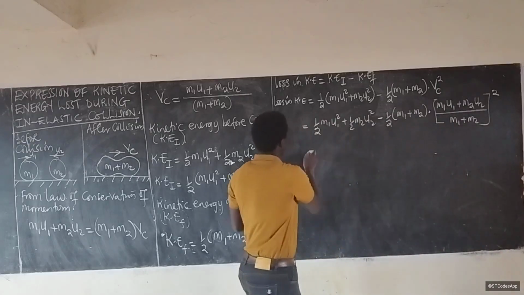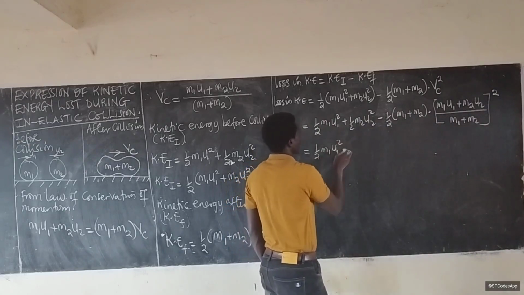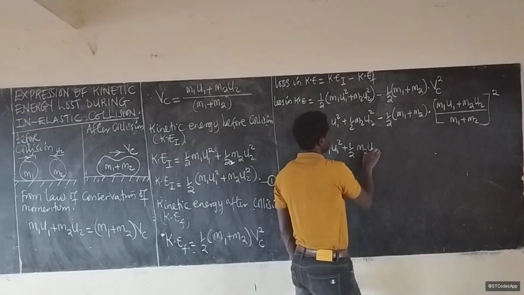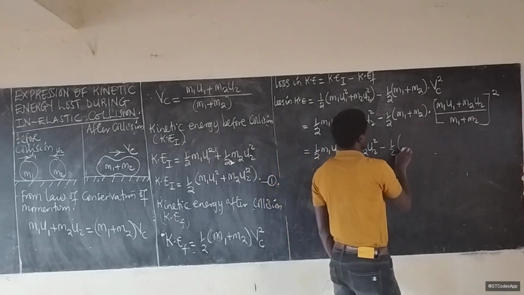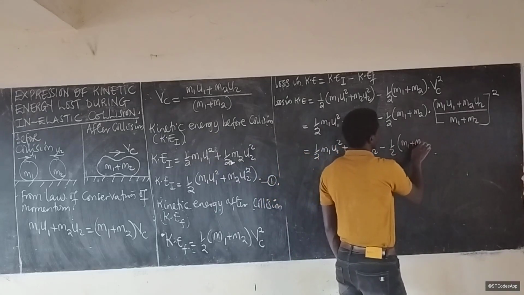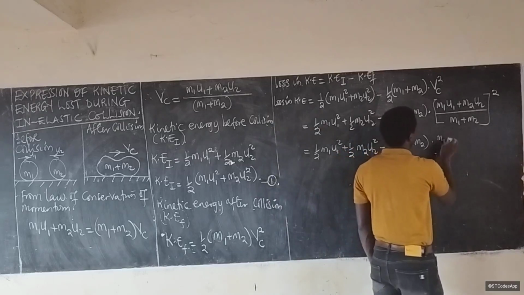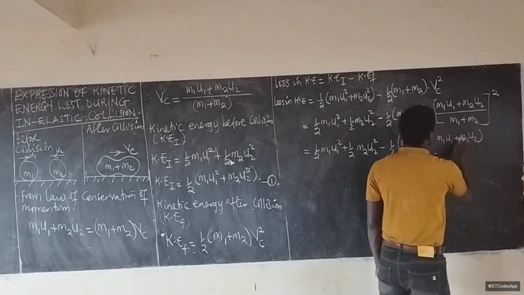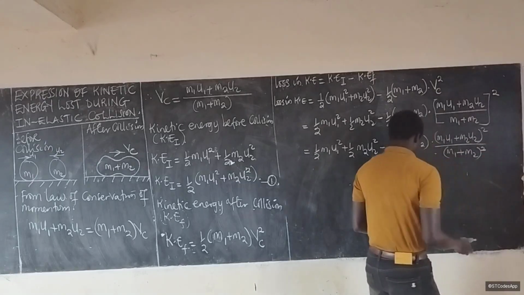So we shall have that this is going to be a half m1 u1 squared plus a half m2 u2 squared, minus a half, this is m1 plus m2, and then m1 u1 plus m2 u2, this is squared, out of m1 plus m2, but also squared.